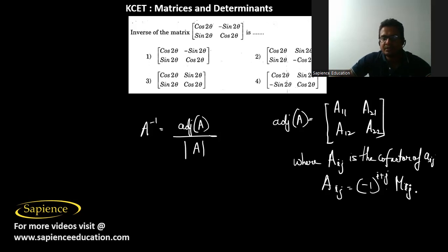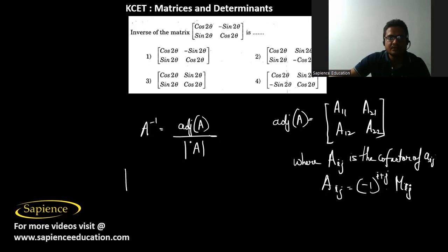And the minor of the element aij, how to find it? Simply we have to exclude the ith row and the jth column, and take the determinant of the remaining part of the matrix.